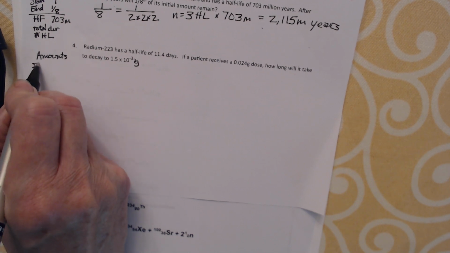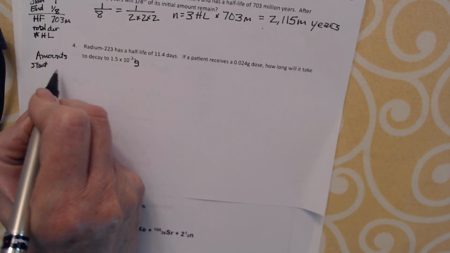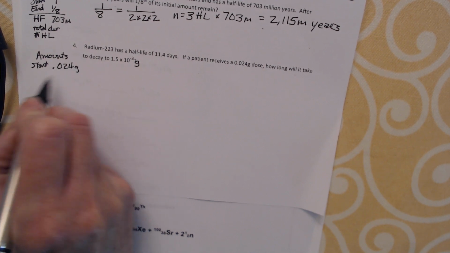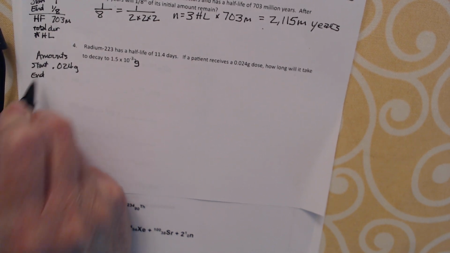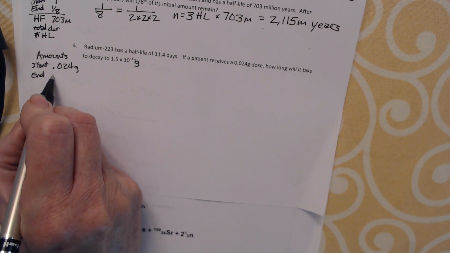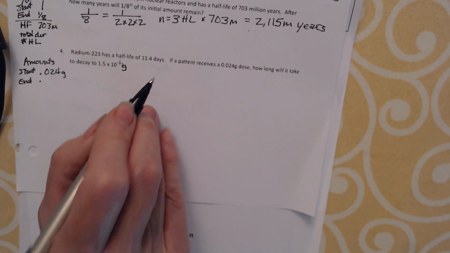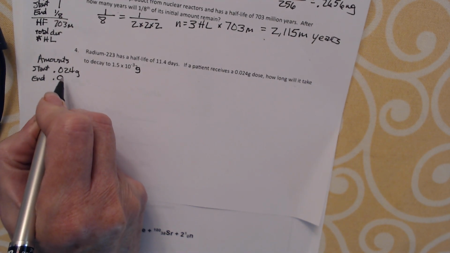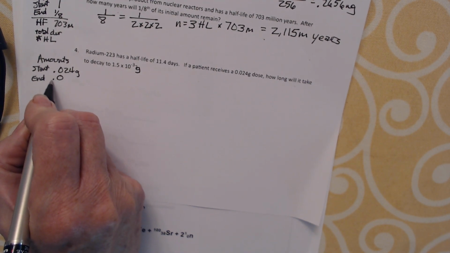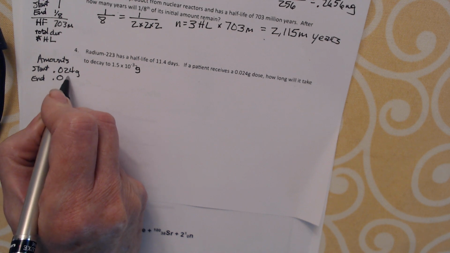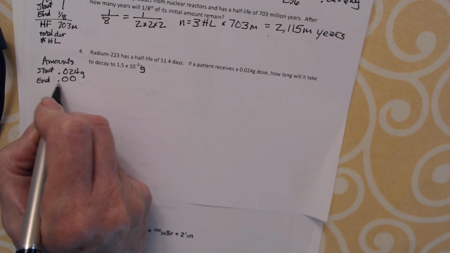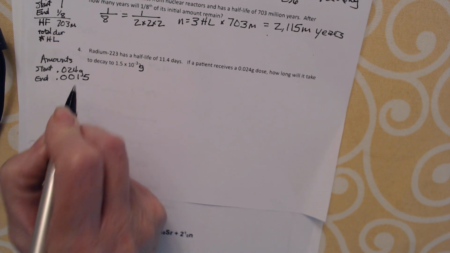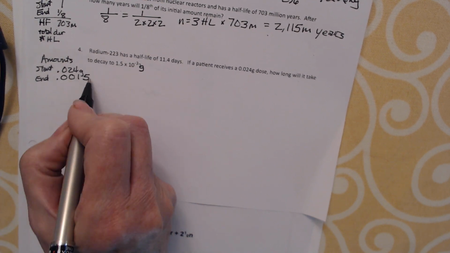I've got my starting amount, 0.024 grams, and I've got my ending amount of 1.5 times 10 to the negative 3 grams. And I could also write that as 0.0015 grams.